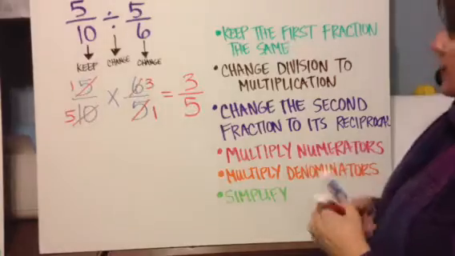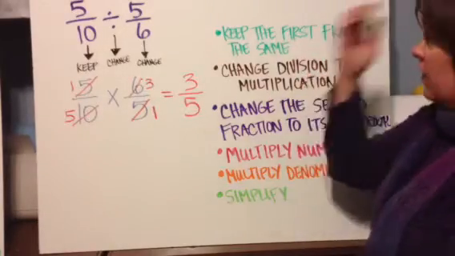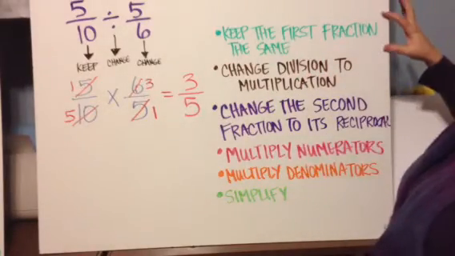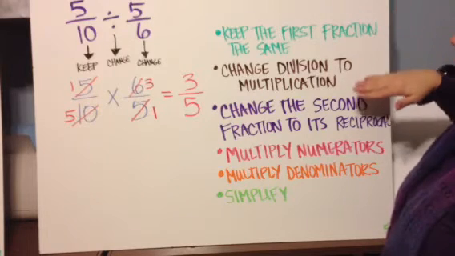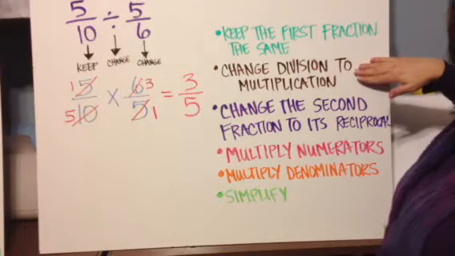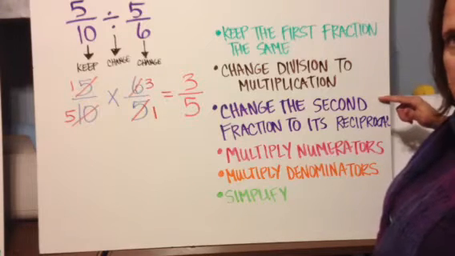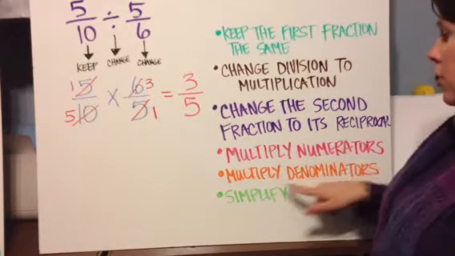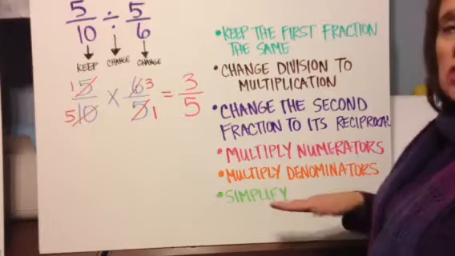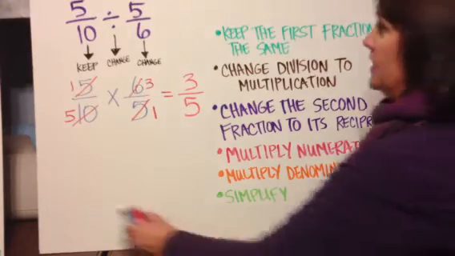So, again, kind of the same directions that I gave you on the last board. You keep the first fraction the same. You change the division to multiplication. Change the second fraction to its reciprocal. Multiply the numerators, multiply the denominators, and simplify if necessary.